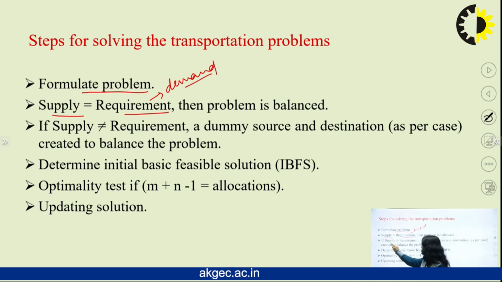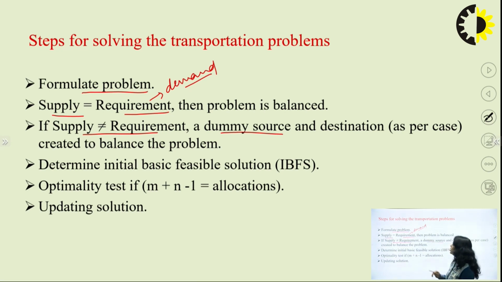But if the supply is not equal to the requirement or demand, then we create a dummy source or destination, as per our case, to create the balance. Meaning, if our problem is not balanced, we balance it by adding one dummy row or column, one dummy supply or demand, depending on our current case.